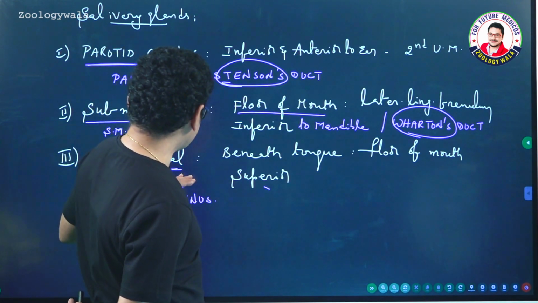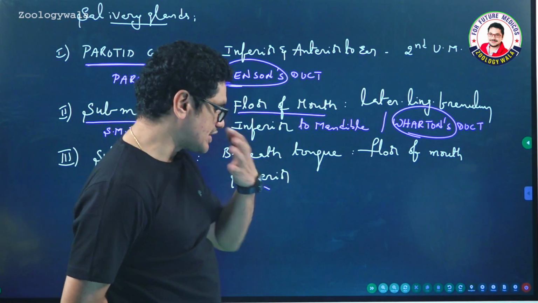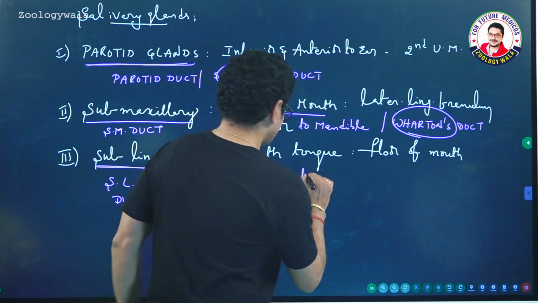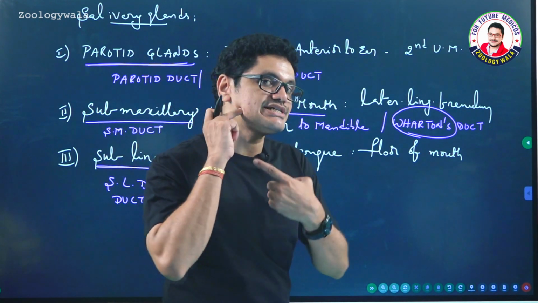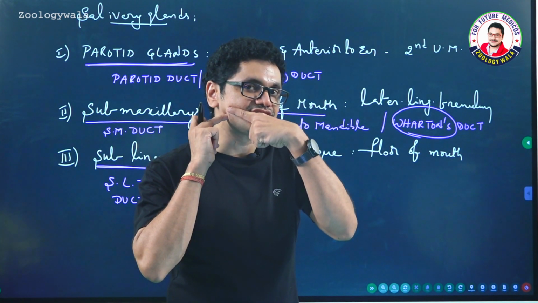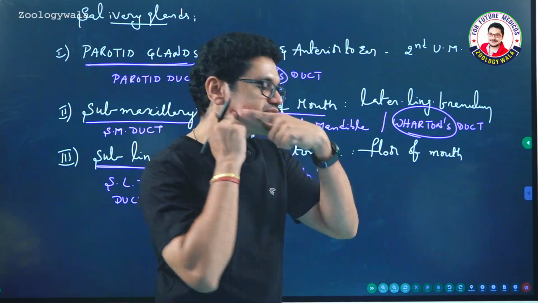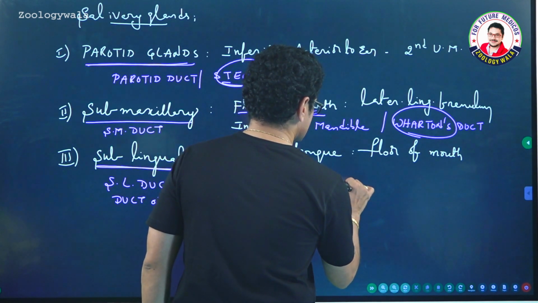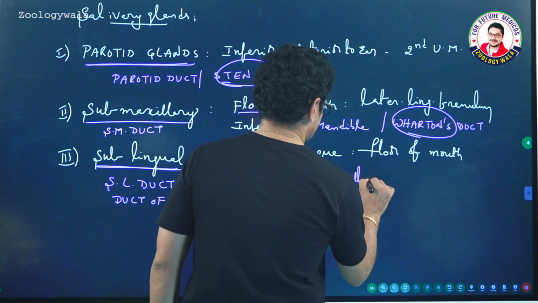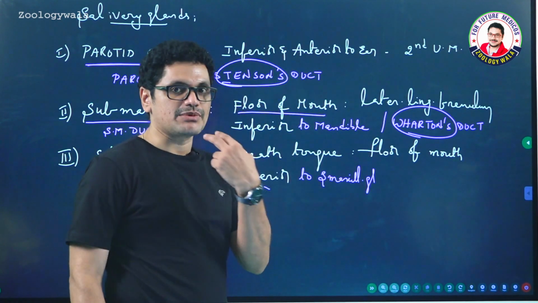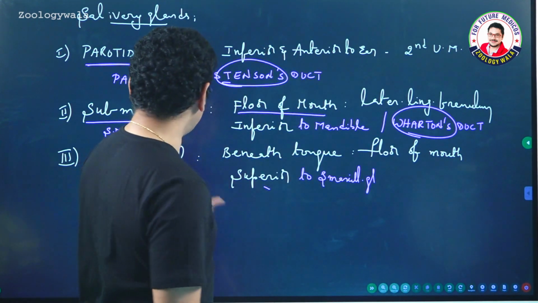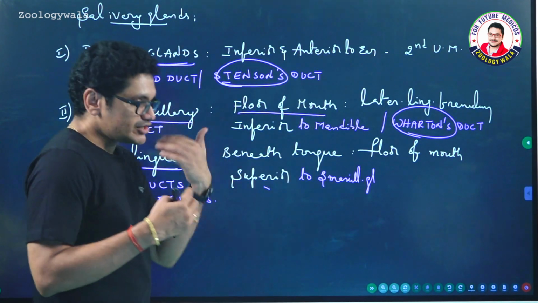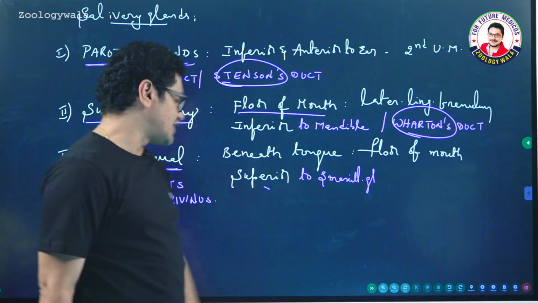Sublingual glands are present beneath the tongue, just superior to the submaxillary or submandibular glands. They are present in the floor of the mouth, and with the help of sublingual ducts, they open at the floor of the mouth, just at the tongue.